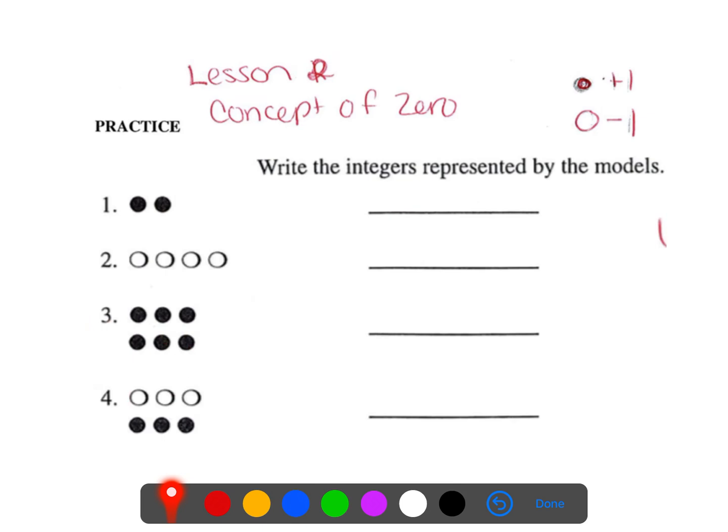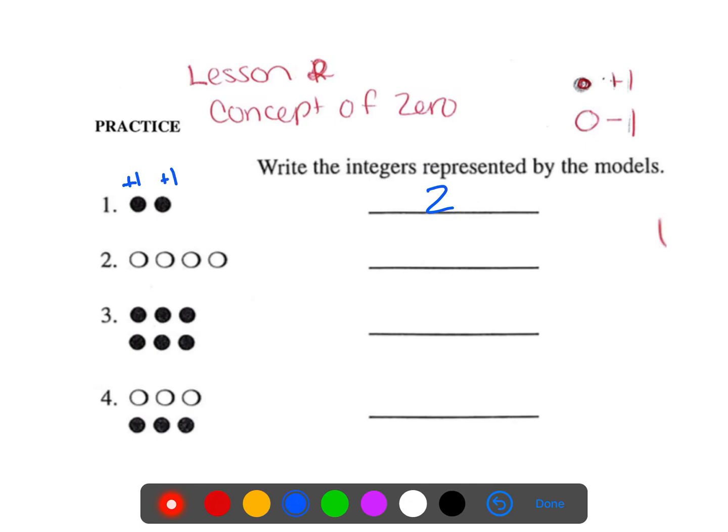We'll do the first 4 together, and then you can do the others. So the first one here, remember, filled in circles here in the key are positive 1. So each of these filled in circles has a value of positive 1, and that would give us a total value of 2.